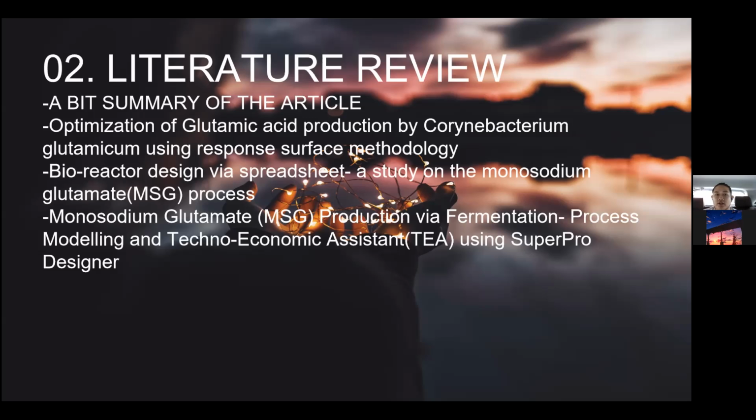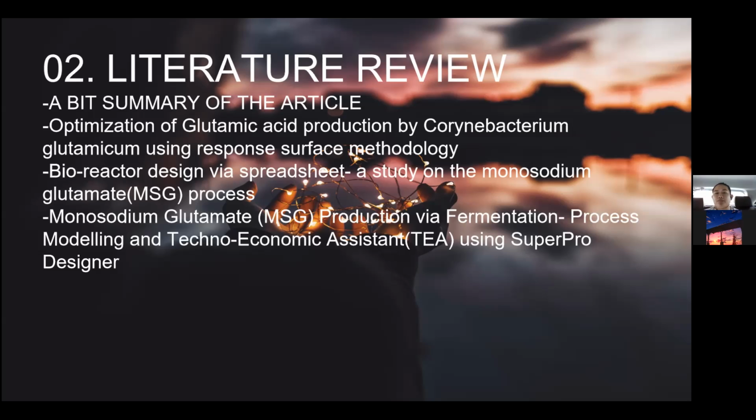The next article is the monosodium glutamate production via fermentation. This article talks about four types of processes that can be used to produce glutamic acid for commercial use, but it focuses more on the fermentation process, which is much more economical compared to the other processes.